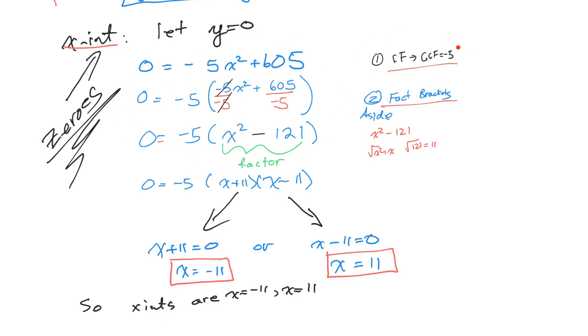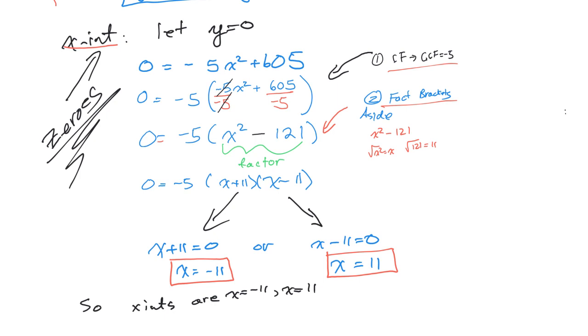Now, the first part that you have to do is common factor by finding the GCF. The GCF is always the leading coefficient that's in front. So if I had 5, I would have pulled off 5. If I have -5, I'm going to pull out -5. And that makes our math easy. Now, the next thing that you have to do is factor.